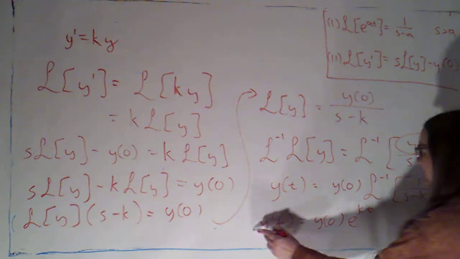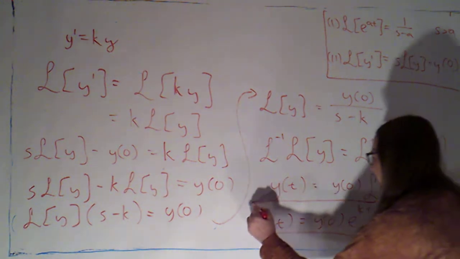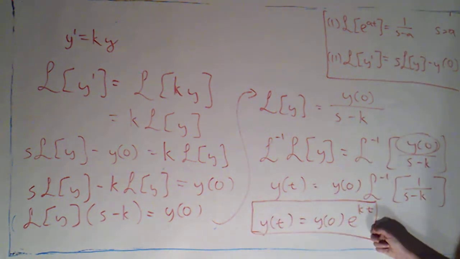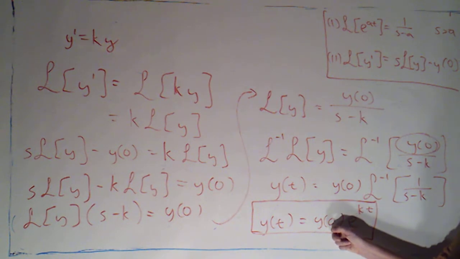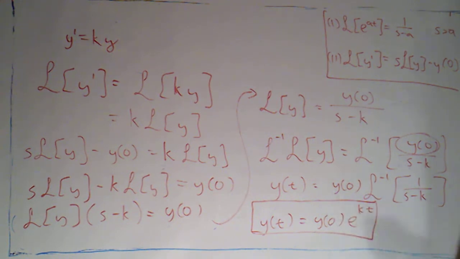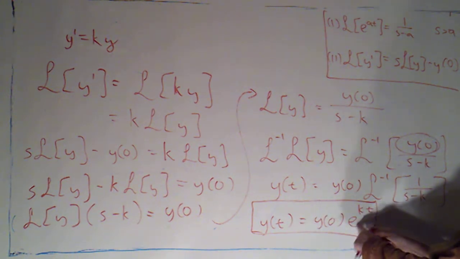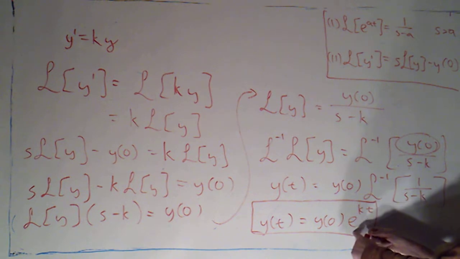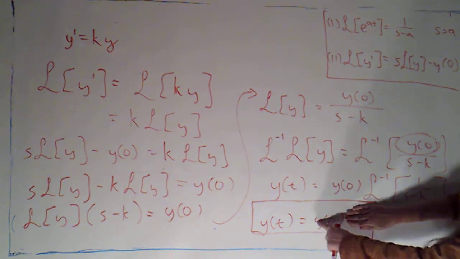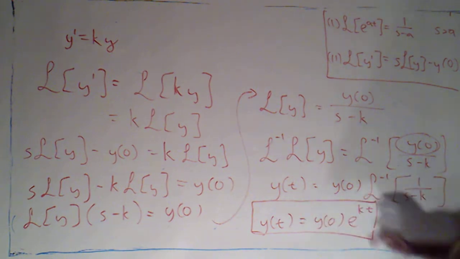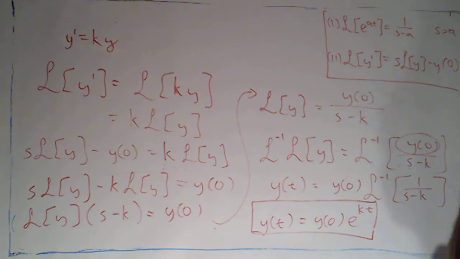Now, if you remember, we said we were supposed to get a multiple of e to the kt, and you can confirm that multiple must always be the initial condition, because if I plug in 0 for t, that's going to make this e to the 0, which is just 1. Whatever this constant is, it is the y value at 0.